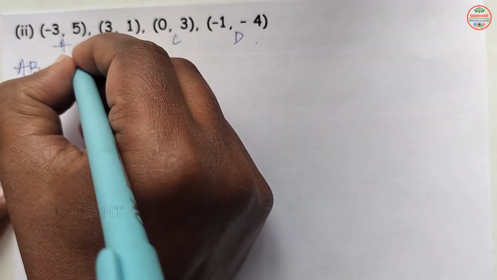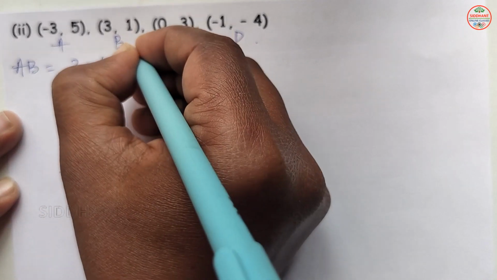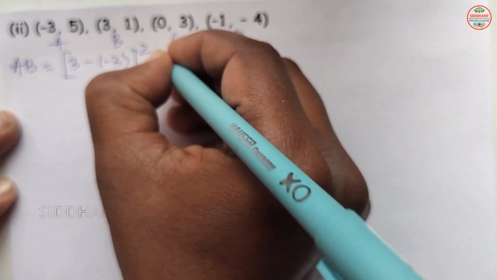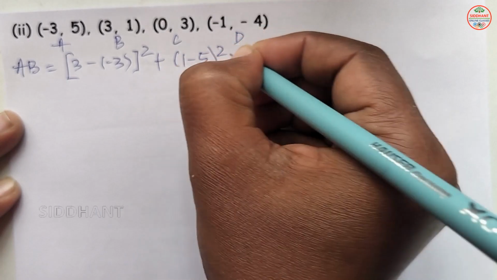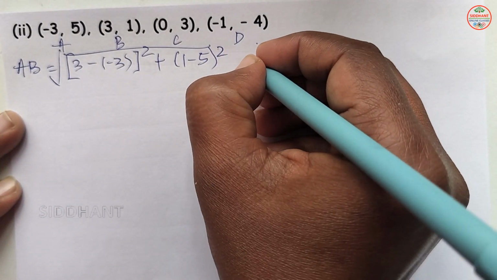Which is 3 minus of minus 3 whole square plus 1 minus 5 whole square.